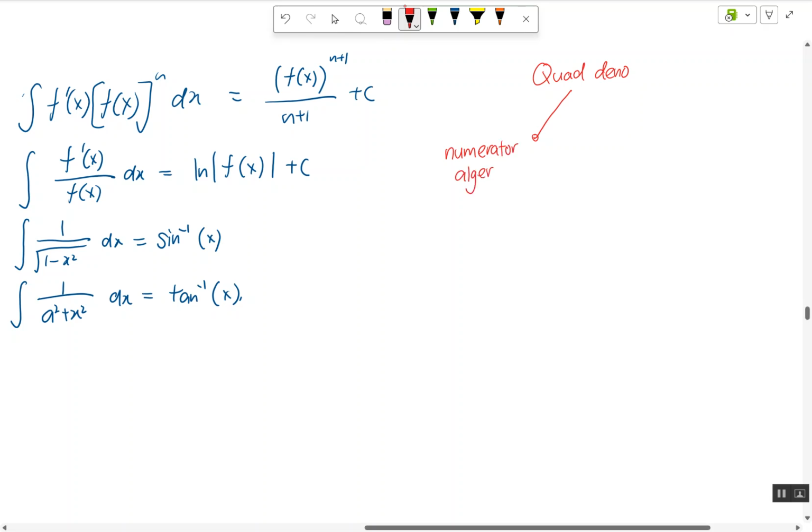If the numerator is also algebraic, and the power of the numerator is greater than or equal to the power of the denominator, first you must do long division to split it. Remember, long division gives quotient plus remainder over the divisor. Then we can apply the next step.